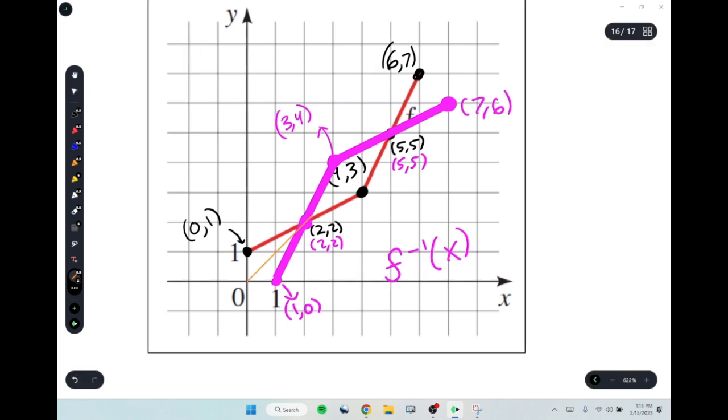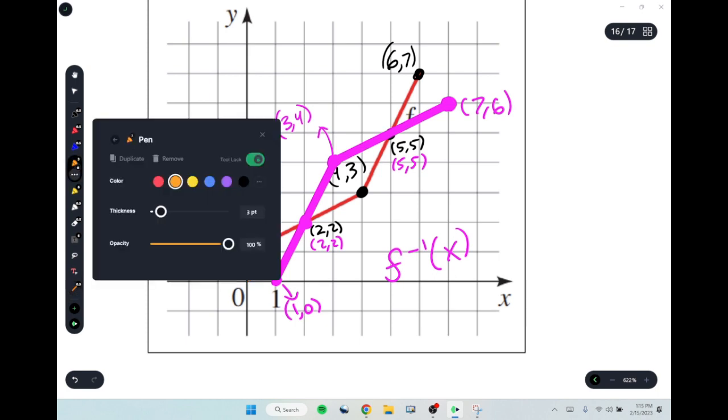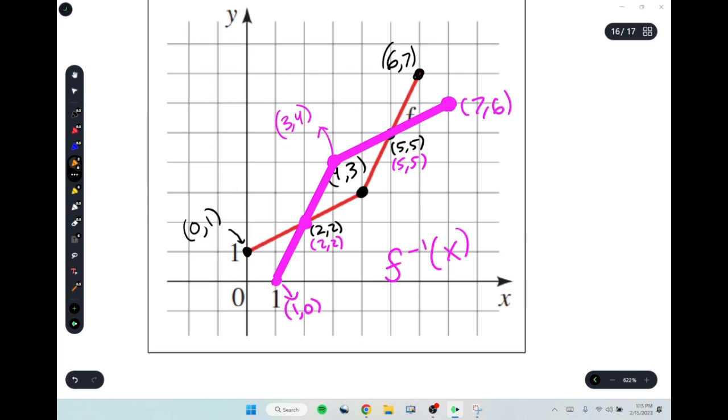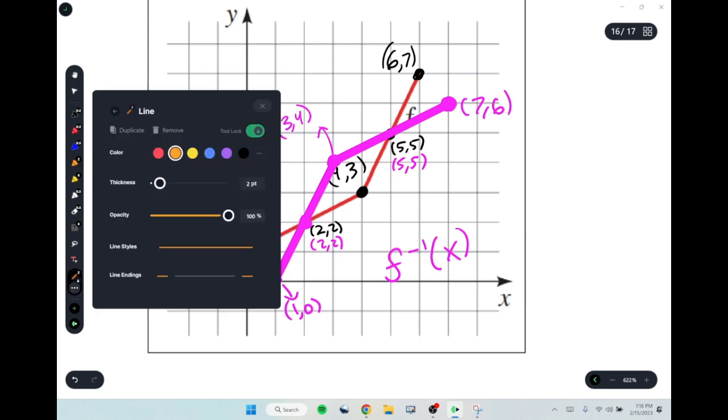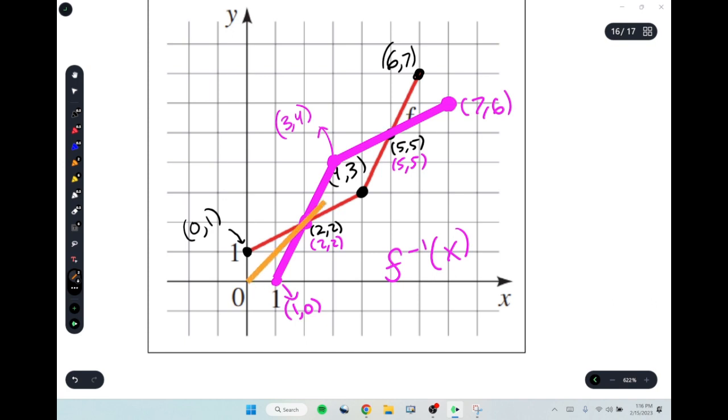Watch this. It reflected across a specific line. Watch this line. What line is that?